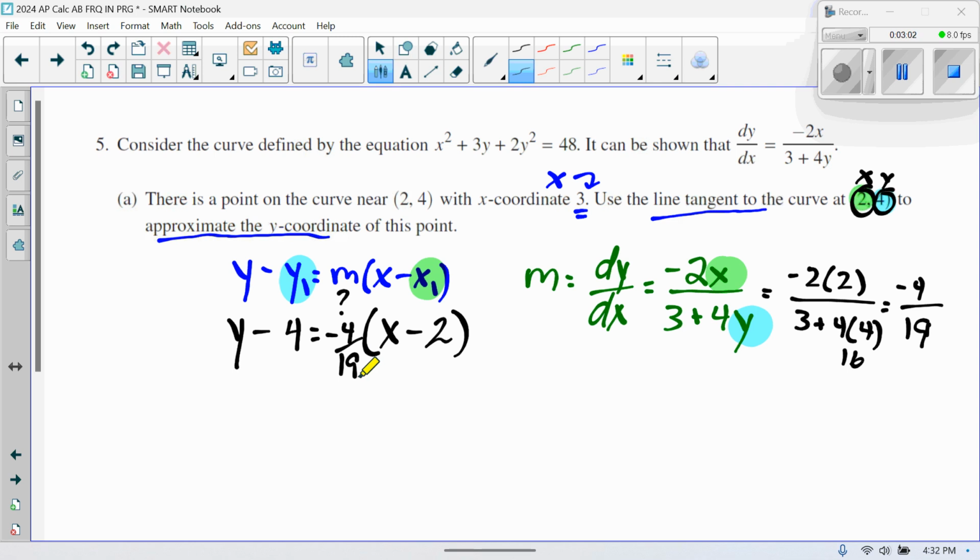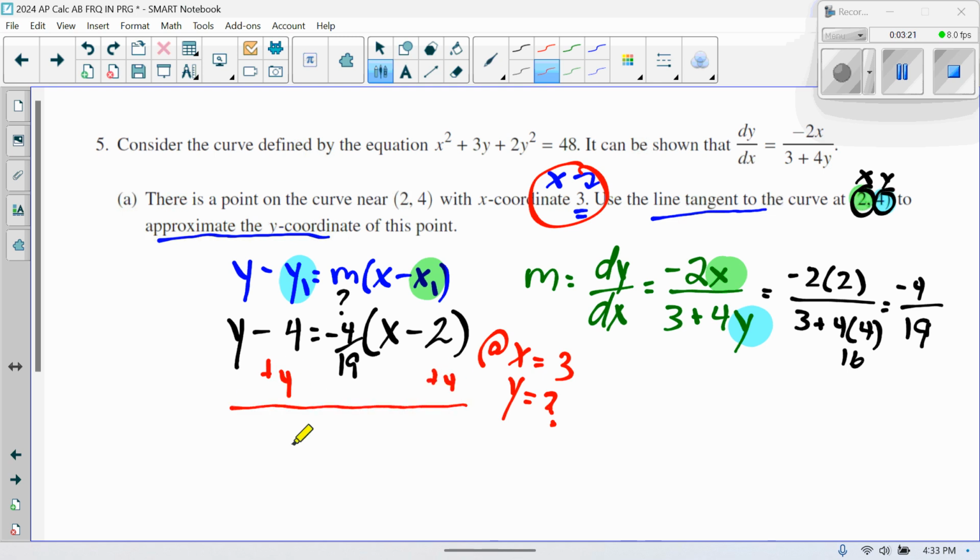All right. Now, if they wanted just the equation of the line tangent, fine, just like that. But they want to know, when I put an x value of 3 in there, what's my y going to be? So for the sake of ease, I'm just going to add 4 to both sides. So I now have y alone.